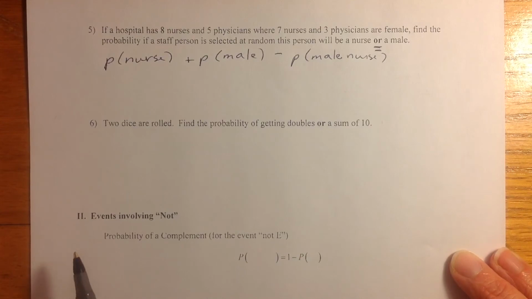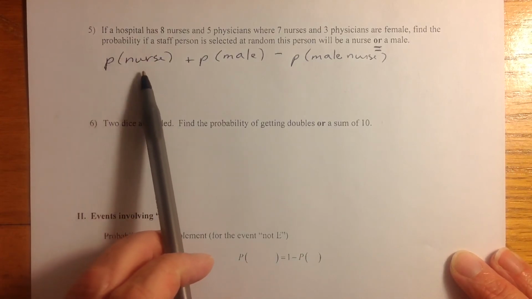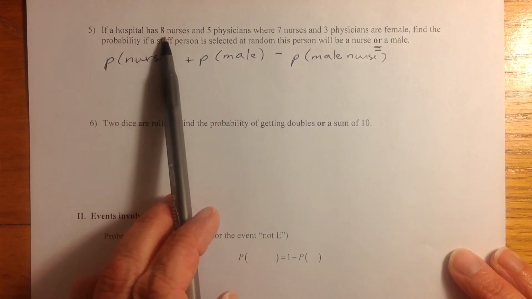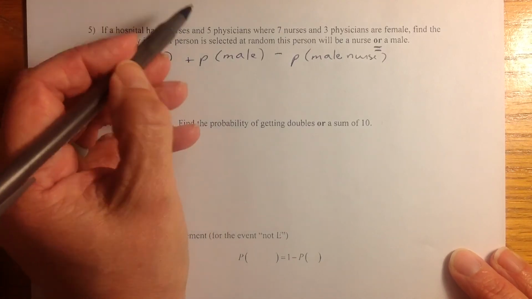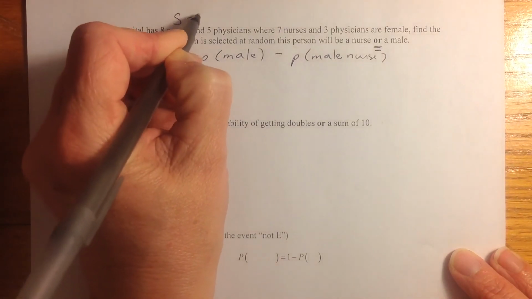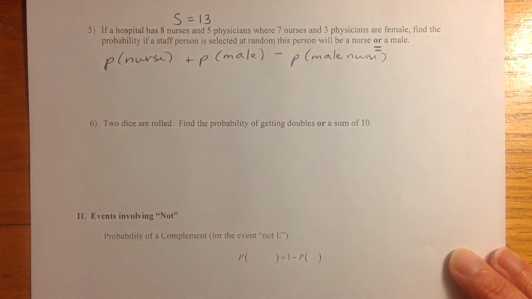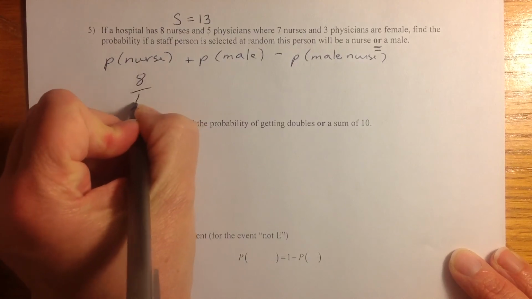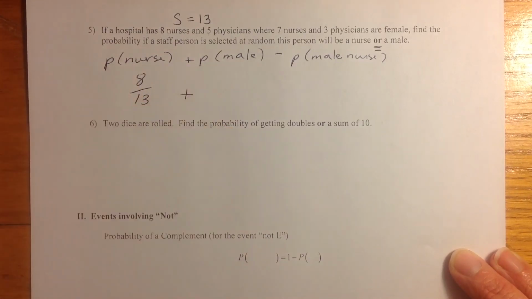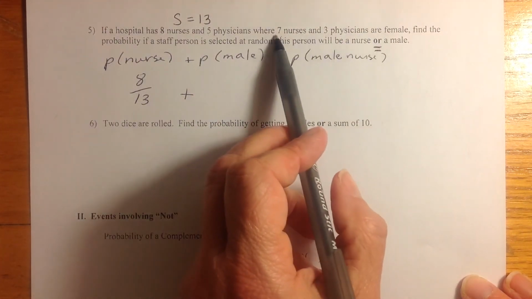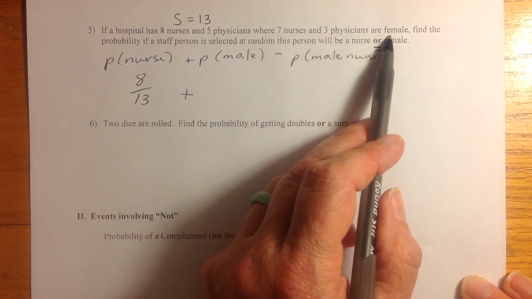Well, first thing, how many nurses are on staff? There are 8 nurses on staff, and how many total people work at the hospital? Well, the sample space is 13 because 8 and 5 make 13 people on staff. So we're going to say 8/13. Plus, how many are male? Well, they don't ever really talk about the male, but we know that there are 10 female. 7 and 3 make 10 female.